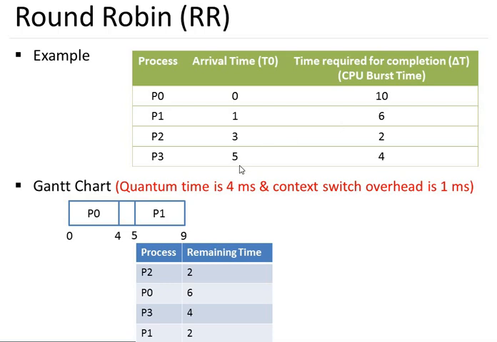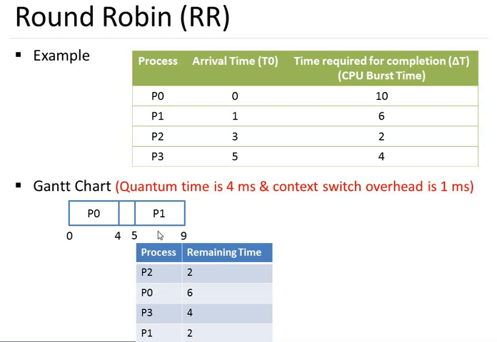Because 10 minus 4 is 6. After that comes process P3, which arrived at time 5, that's why it is in the queue. Once P1 completes its 4 units, it is not completed yet because it has 2 units left. That's why it goes to the last position of the queue with remaining time of 2.